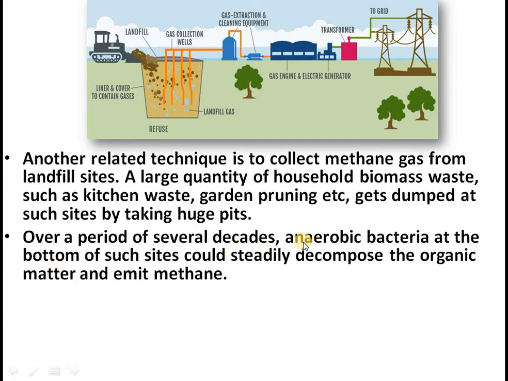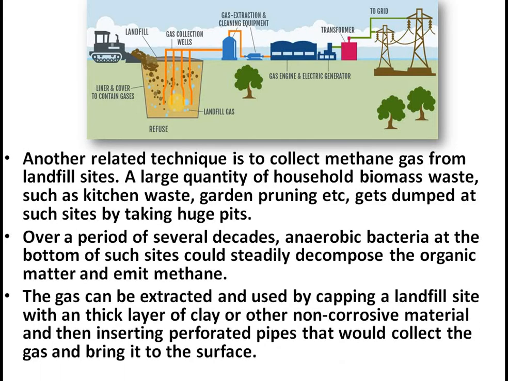Over a period of several decades, anaerobic bacteria at the bottom of the site steadily decompose the organic matter and emit methane. It's a healthy process by which we can avoid environmental and soil pollution. Proper decomposition takes place, and this can be reused for various applications, and energy is also obtained as a byproduct.